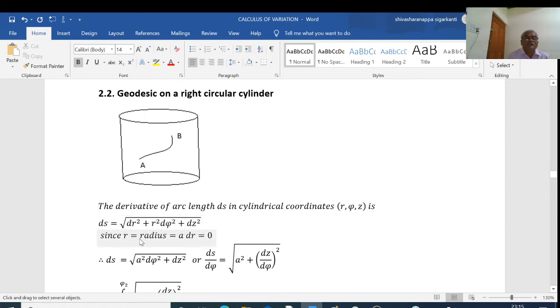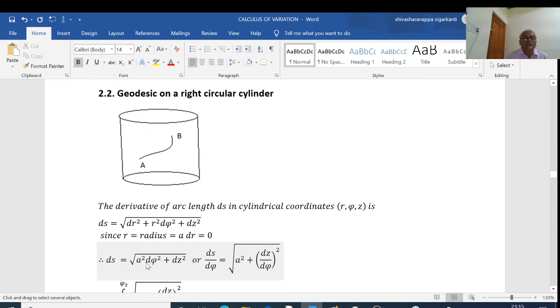Here r is the radius of the base of the cylinder, equal to a, which is a constant quantity. Therefore dr is equal to 0, so this term becomes 0. Then we get ds equal to root of a square d phi square plus dz square.